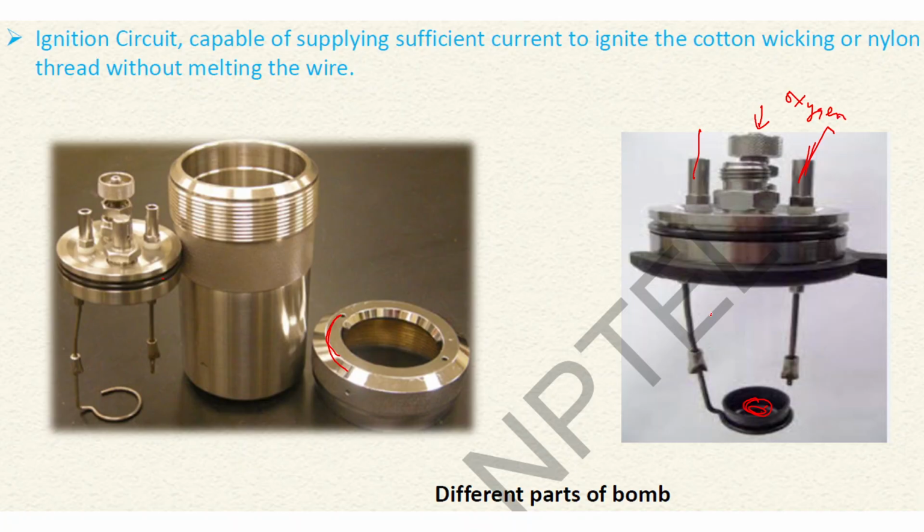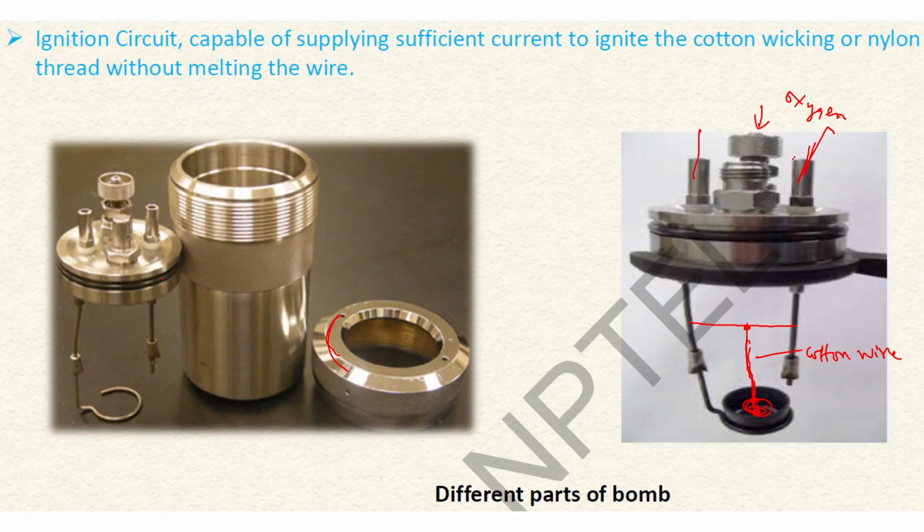A platinum wire will be tied here, and a cotton thread will be tied onto this platinum wire and dipped into this crude oil, so that the whole cotton thread will be wet with the crude oil sample.